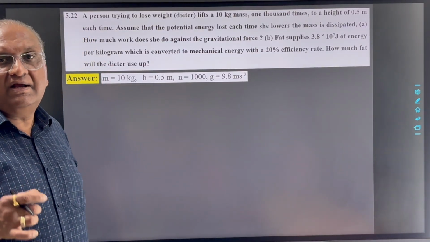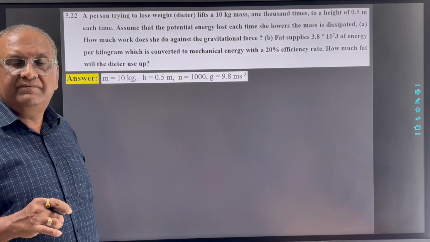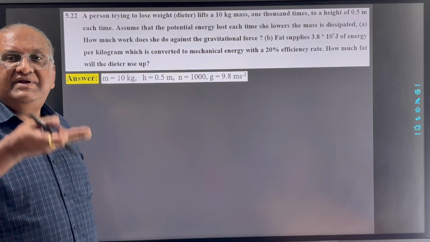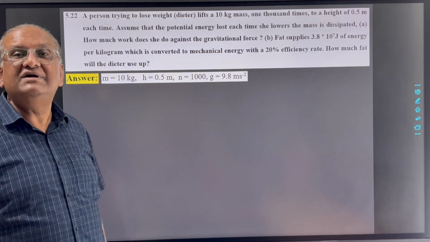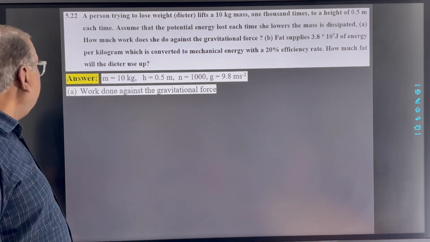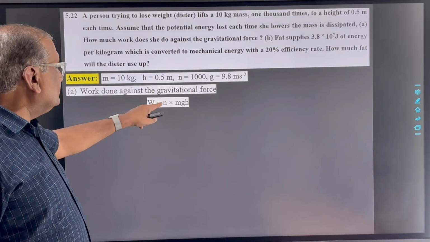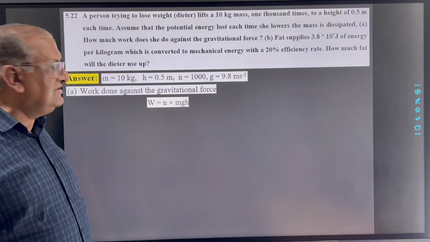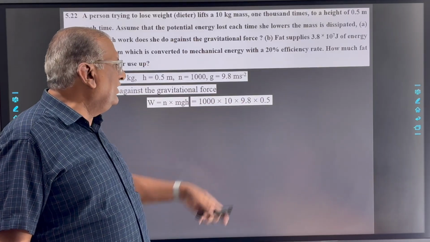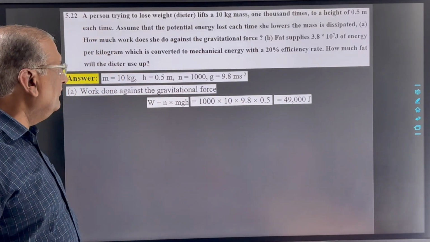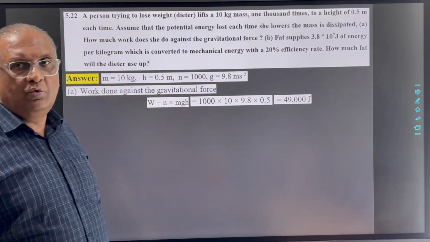That is mgh when it is lifted one time to height h, but here it is lifted 1000 times. So work done against the gravitational force W is n times mgh. Substitute the values: 1000 into 10 into 9.8 into 0.5. So you will get 49,000 joule.